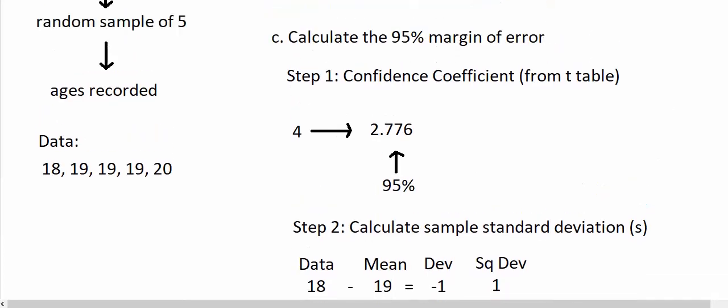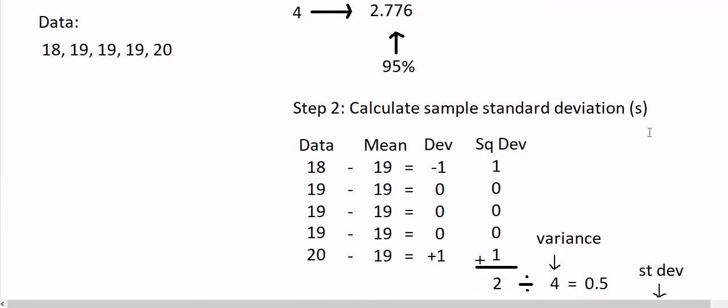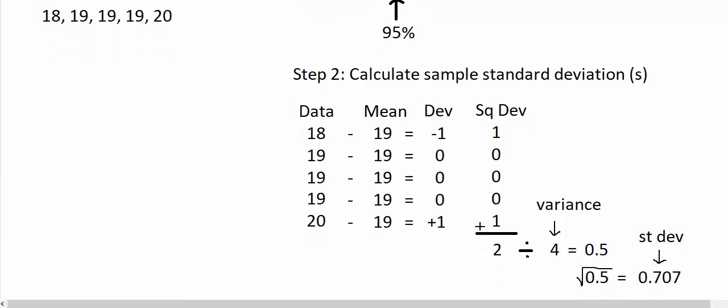Next, we have to get the sample standard deviation. Since we don't know the population standard deviation, we have to calculate the standard deviation of our sample and use it as a replacement. So we take the 5 ages, the 5 data values, and we subtract each one by the mean of 19. We get deviations.